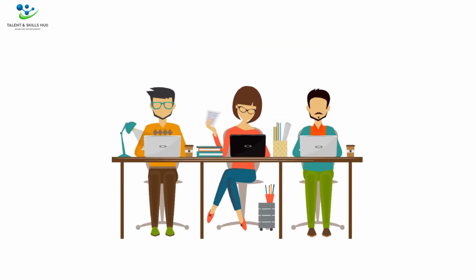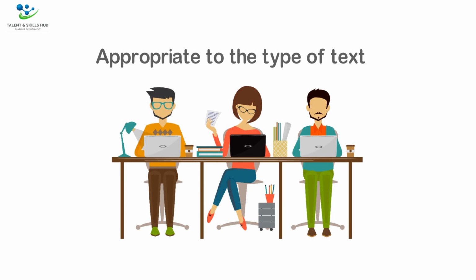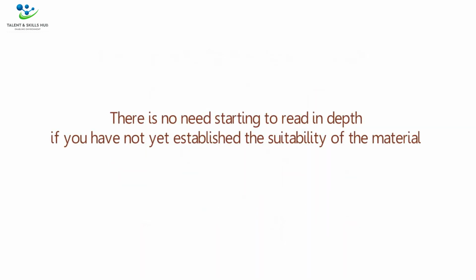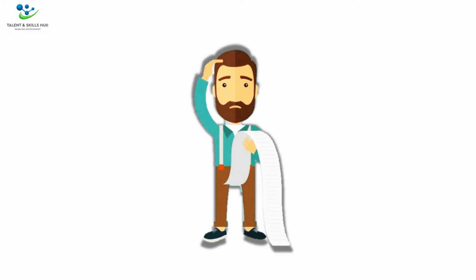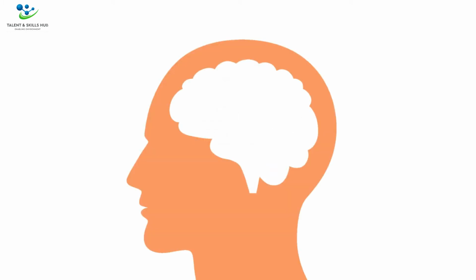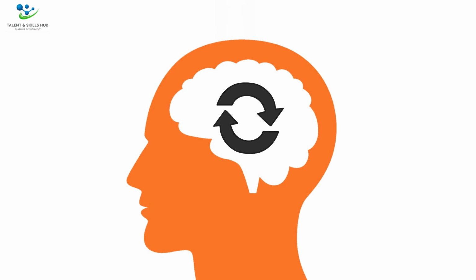Your style of reading should be appropriate to the type of text. There is no need starting to read in depth if you have not yet established the suitability of the material. Also, you shouldn't dwell on a text if you are supposed to be searching for a piece of information. Whenever possible, be ready to switch your approach to suit the reading task at hand.